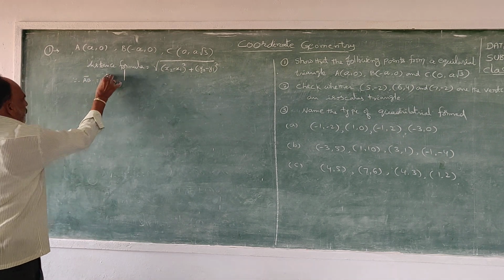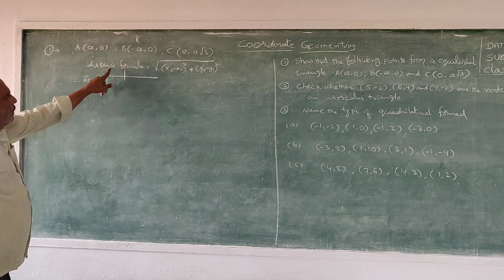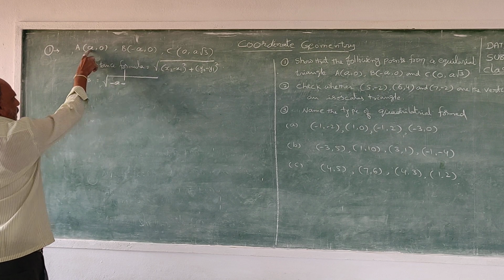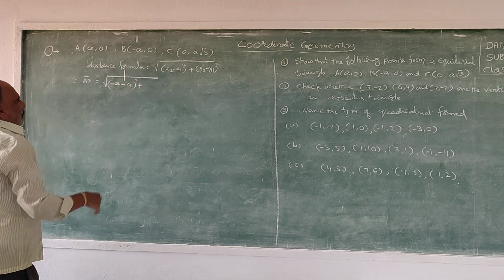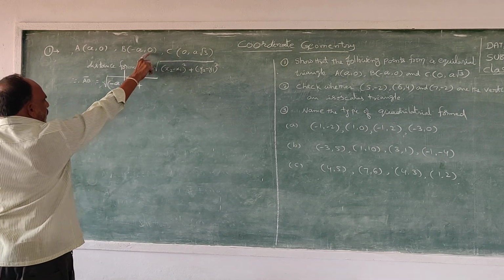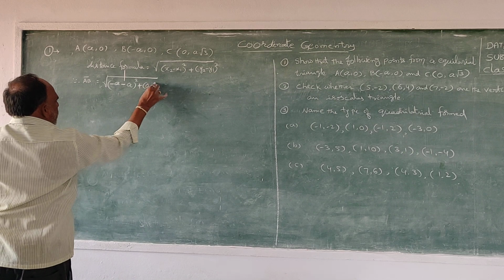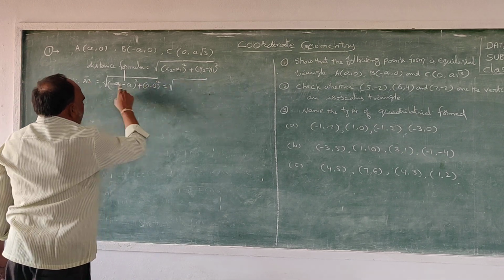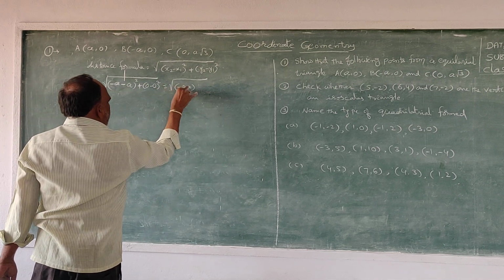So the square root of (x2 minus x1) whole square plus (y2 minus y1) whole square, where y2 is 0 and y1 is 0. So 0 minus 0 whole square. The square root of (minus a minus a) whole square, which is (minus 2a) whole square.